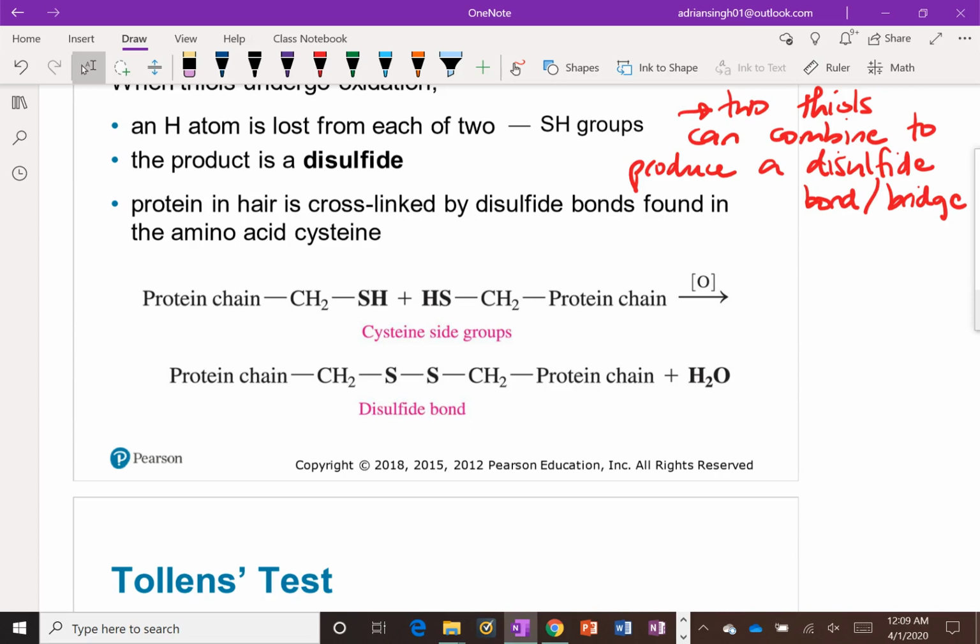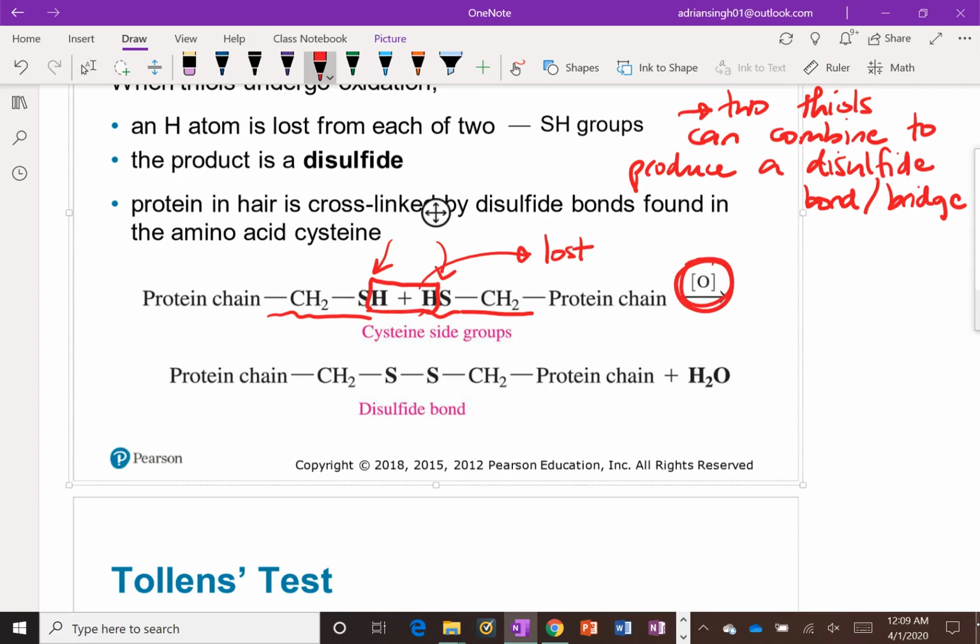So here we can see where these thiols actually start from. There's a thiol on the left side and a thiol on the right. And what can happen is under the right conditions, these can be oxidized, and these two H's end up being lost.